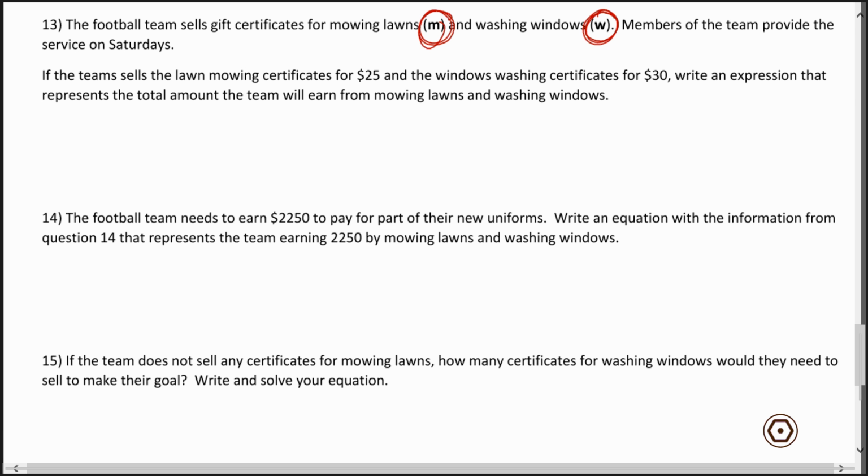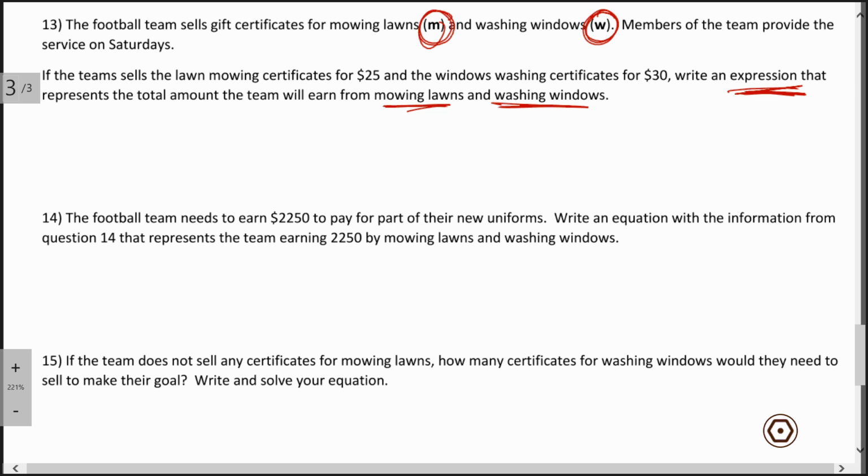If the team sells the lawn mowing certificates for $25 and the window washing certificates for $30, write an expression that represents the total amount the team will earn from mowing lawns and washing windows. Well, I can see from this problem that every single time I mow a lawn, I'm earning $25.